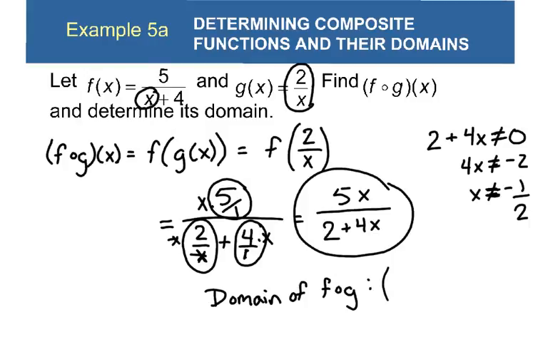And remember, if you exclude one single number, you have to state everything, so -infinity to infinity, except for -1/2. And this is how you do it. There you go. That is the domain for f of g of x.